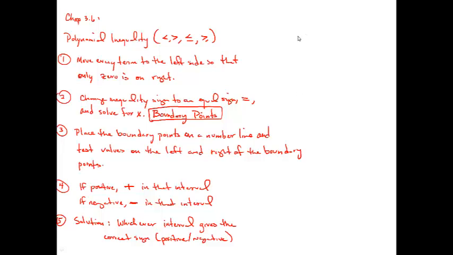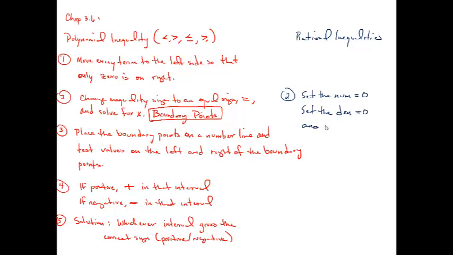When you're dealing with a rational inequality, instead of setting it equal to 0 to solve, you should set the numerator equal to 0 as well as set the denominator equal to 0 and solve. You must do the top and the bottom.